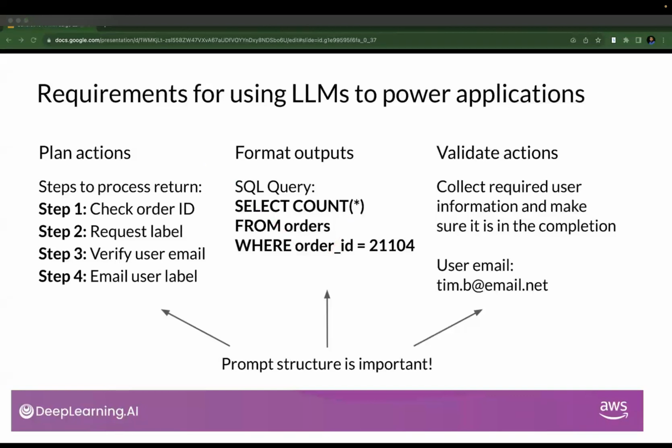Similarly, in order to validate certain actions, you prompt the user to provide their email ID and make sure that the email ID exists. So input as well as output, both from the LLMs at times need to be structured so that they can play well with the orchestrator or the external applications.